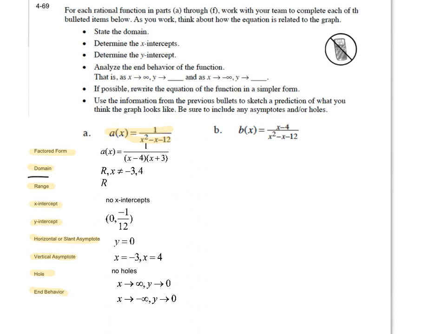My domain then is going to be all reals except what gives us a 0 in the denominator. That's what you're looking for. Where is the denominator equal to 0? And we have to exclude that from our domain.